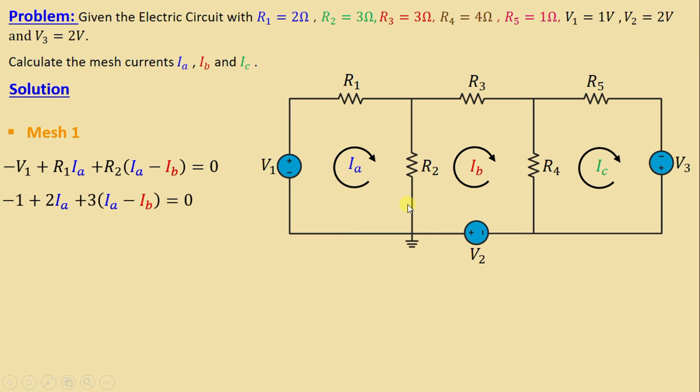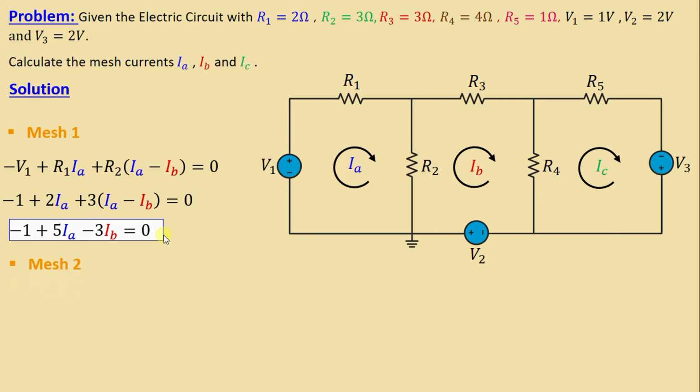By replacing the resistors and voltage with their numerical values, we obtain negative 1 plus 2IA plus 3(IA minus IB) is equal to 0. If we continue simplifying this equation, we obtain negative 1 plus 5IA minus 3IB is equal to 0. After we finish from mesh 1, we go to mesh 2.